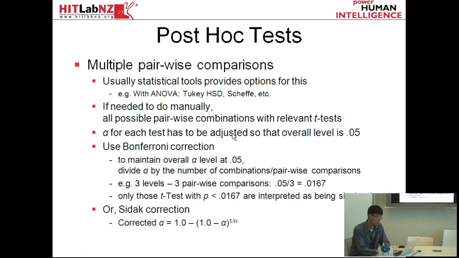But again, in most cases, you don't have to do this manually. When you run ANOVA, you can choose what kind of pairwise comparison you're going to do, and it will run the pairwise comparison with the alpha level already adjusted to decrease the overall probability of making errors.